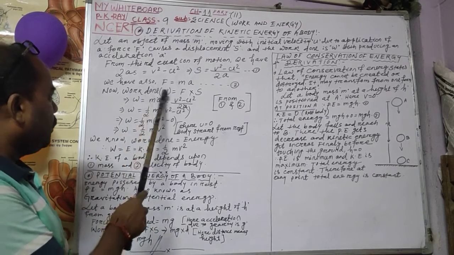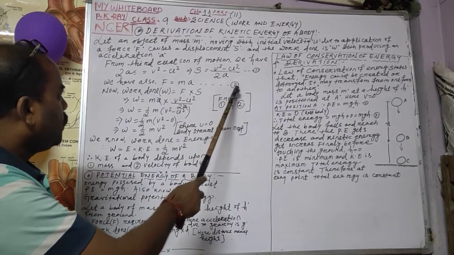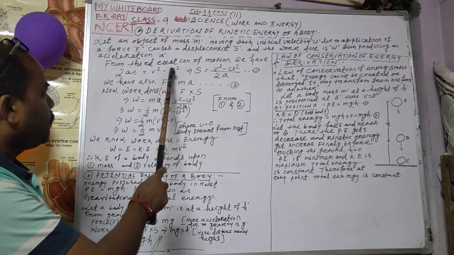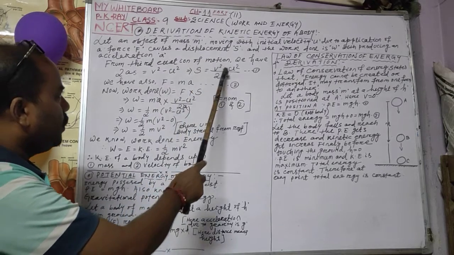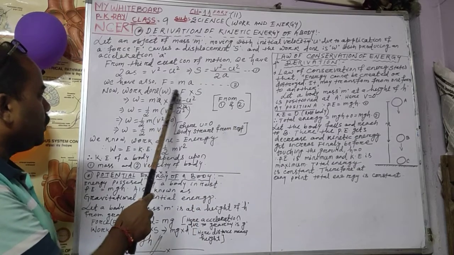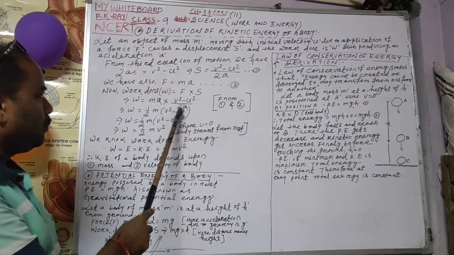So W is equal to force. We are taking the help of point number 2, force is equal to ma, into s. From point number 1, s is equal to v square minus u square by 2a. So from point number 1 and 2 we are just substituting the value. F is equal to ma, s is equal to v square minus u square by 2a.